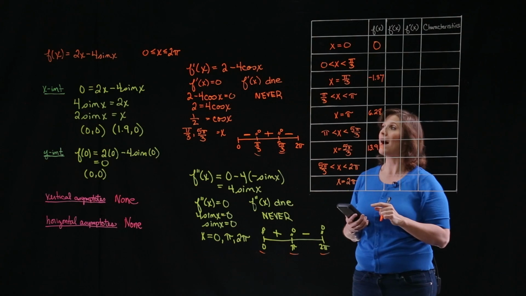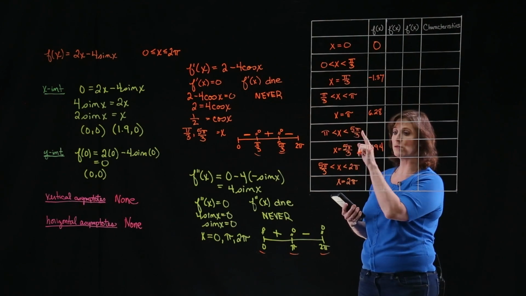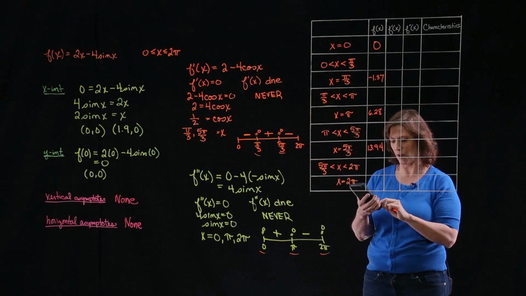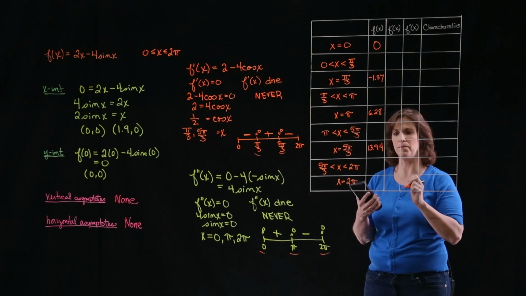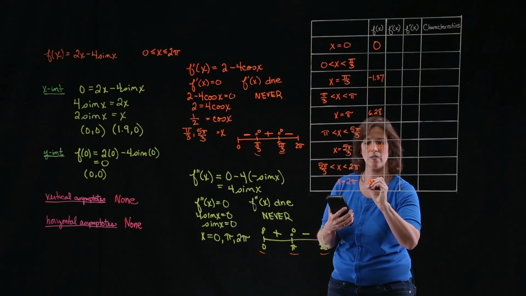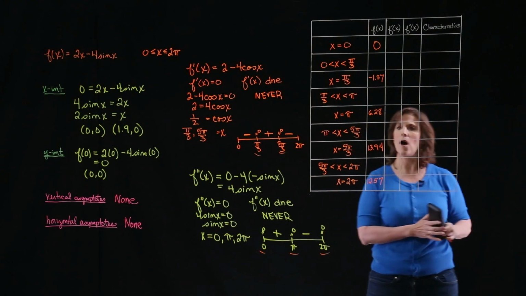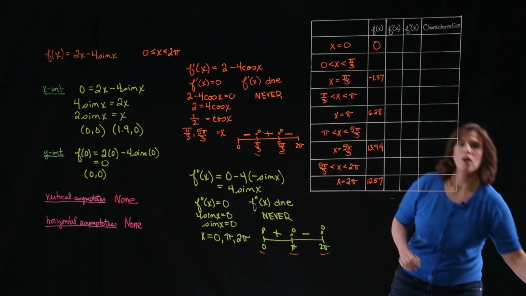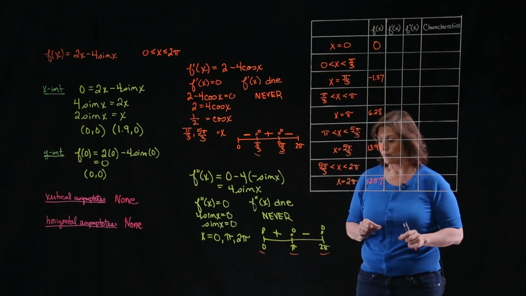The sine of 2 pi is 0, so 4 times 0 is 0, and I'll just have 2 times 2 pi, so that'll be 4 pi. So the decimal approximation of that is going to be 12.57. Okay, those are all going to be very important points that I'm going to plot on my graph.